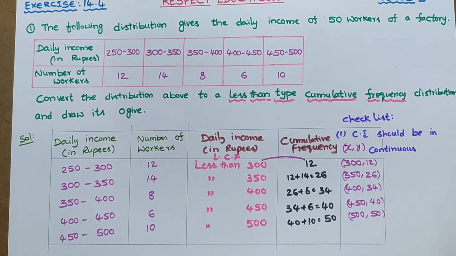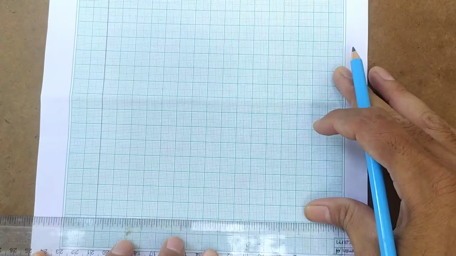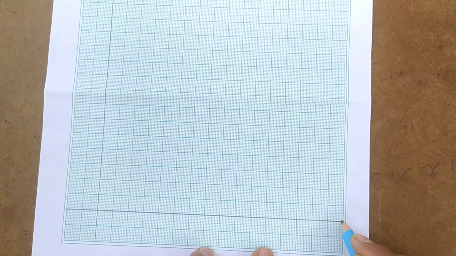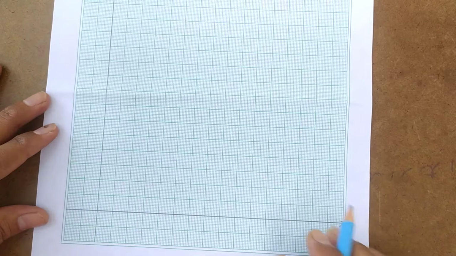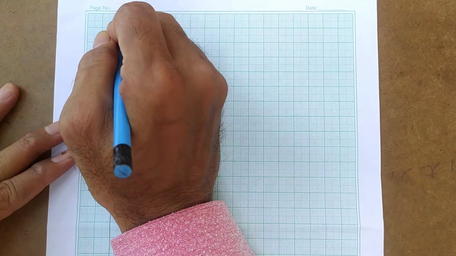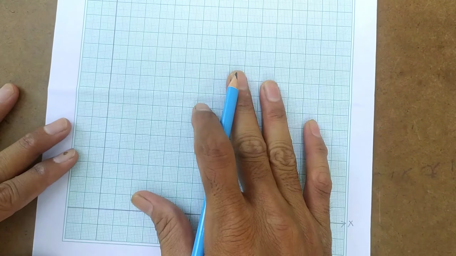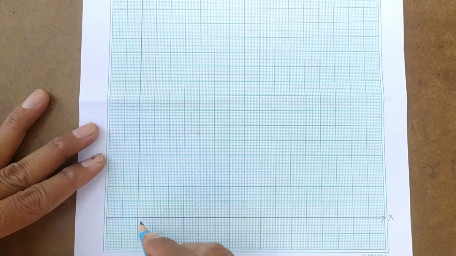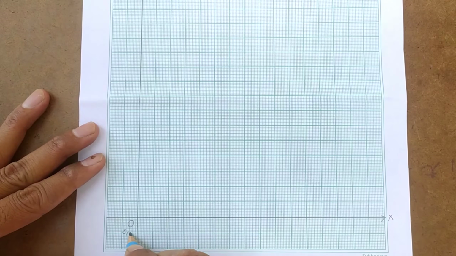Now we are going to draw its ogive. See here, this is the x axis, this is the y axis, and this is the origin O, 0, 0.